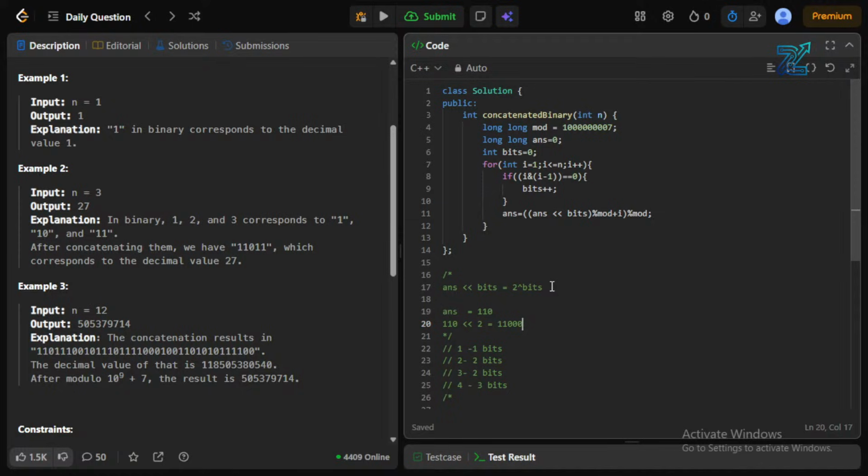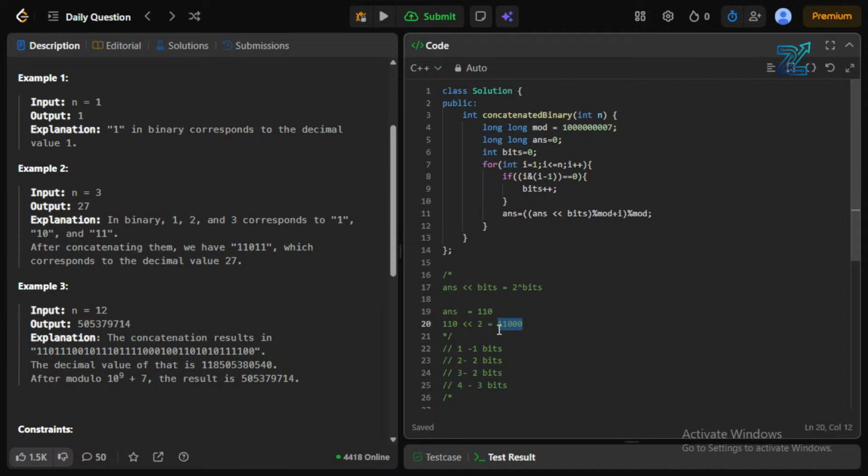Left shift means 2 power whatever we are giving here. So then our answer will be stored as 11000.